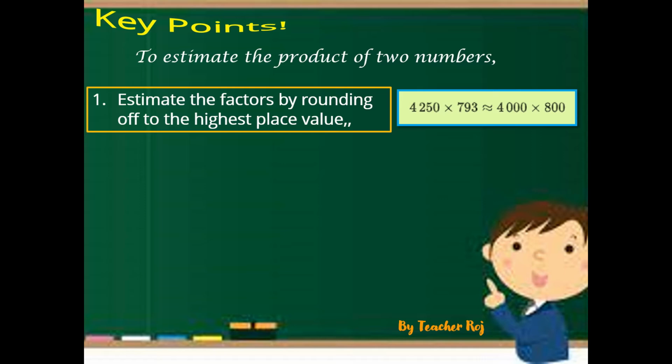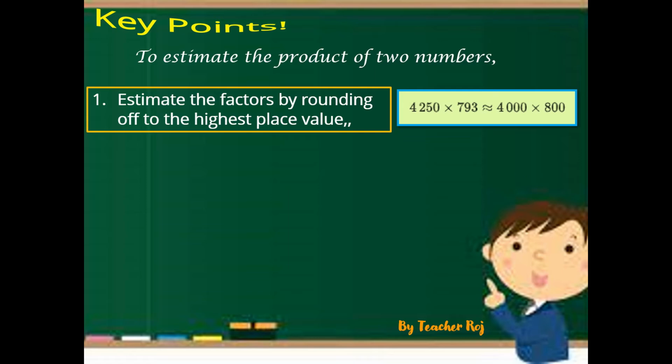Okay? So, yung 4,250, if you round 4,250 to the highest place value, the digit with the highest place value is 4. So, kapag ni-round off mo yung 4,250, magiging 4,000. Okay? Balikan nyo lang yung proseso doon sa rounding numbers.